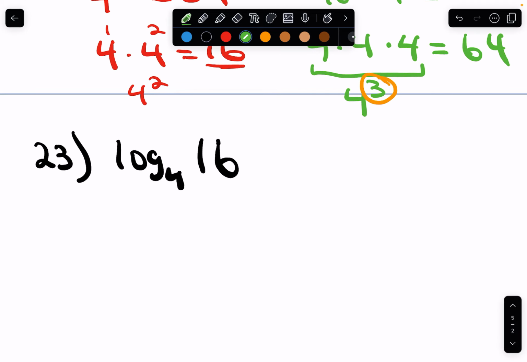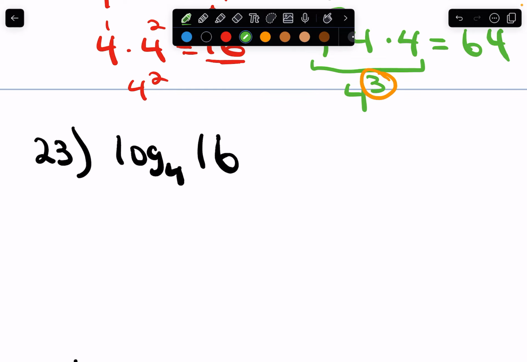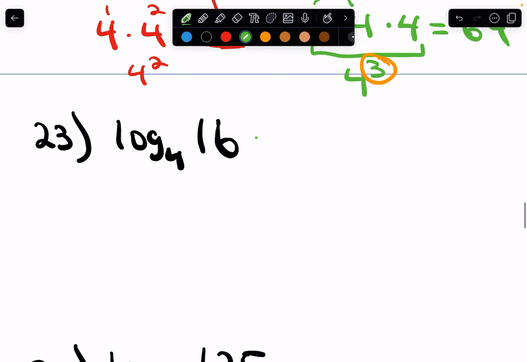Number 23 asks a similar question. It says log base 4 of 16 equals, we'll call this one x. So it's saying 4 to some power x is going to give us 16.